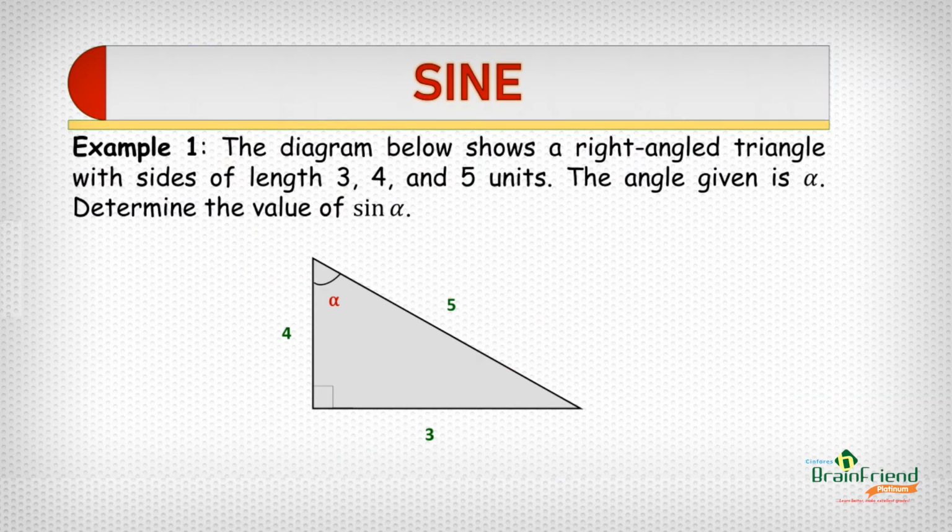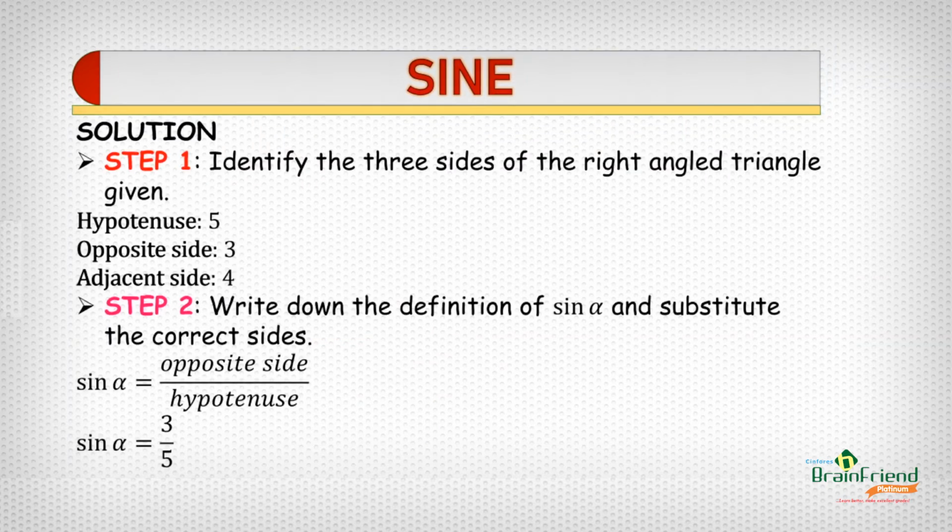Example 1. The diagram below shows a right angle triangle with the sides of length 3, 4, and 5 units. The angle given is alpha. Determine the value of sine alpha. Step 1. Identify the three sides of the right angle triangle given. If we look back at our triangle, we will see that the hypotenuse is 5.